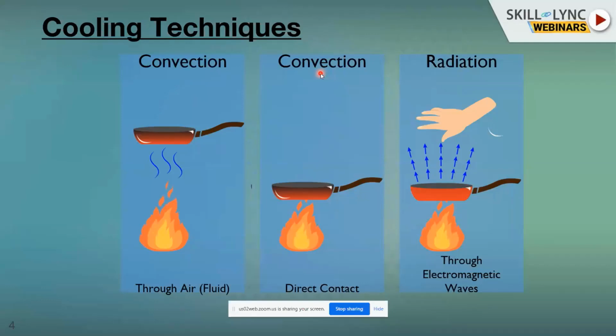So the cooling techniques which we generally use everywhere in the industry for electronics cooling are conduction, convection, and radiation. These three modes of heat transfer should definitely be considered whenever we are doing electronic cooling analysis or electronic cooling simulations.